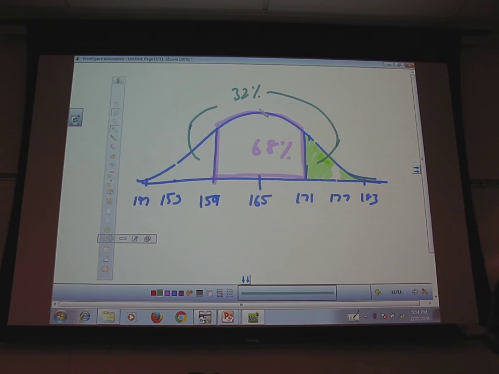It's symmetric. So this part here should be 32% divided by 2, 16% on each side. Everybody all right with that part? Good, you can find it on your homework when you have it. Okay, if not, come back to this video.